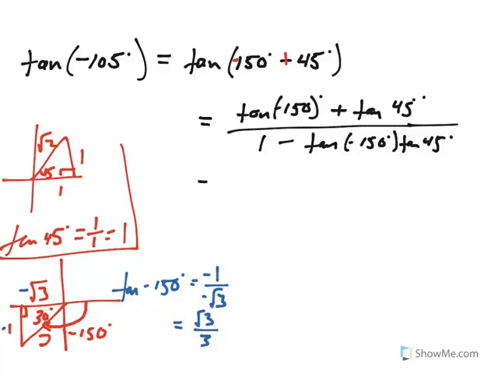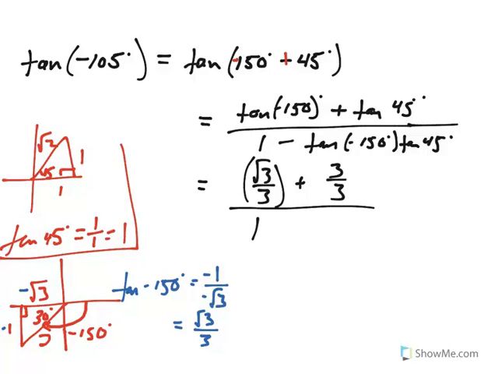So I can go up here and replace some of these things. Tangent of negative 150, square root of 3 over 3, plus tangent of 45 is 1, which I'm going to choose to write as 3 over 3. So I have common denominators. You could write it as 1 first if you wanted.